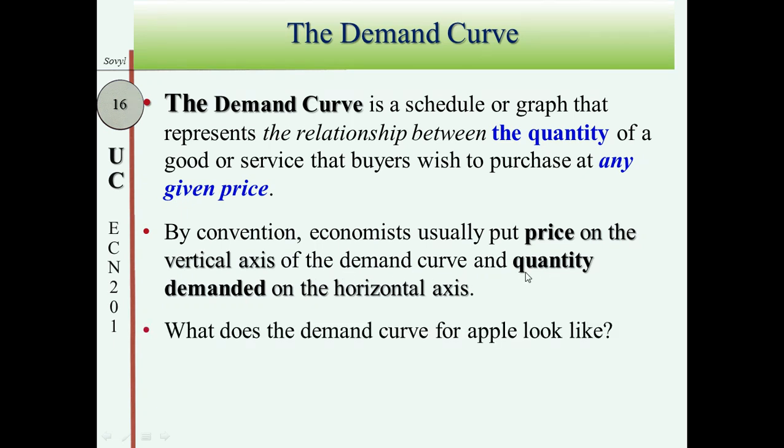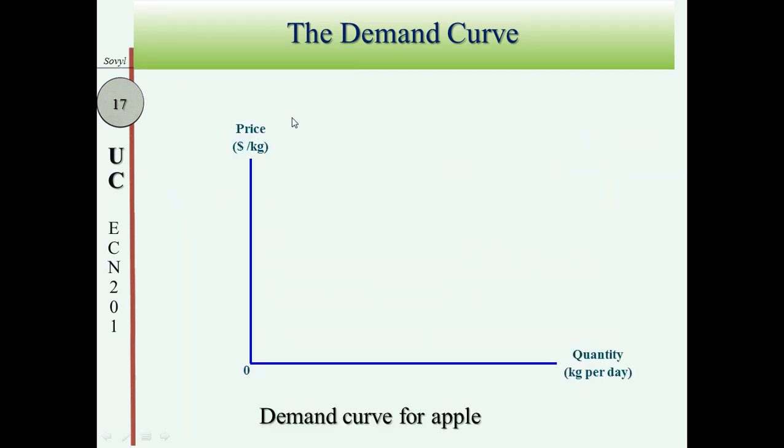Okay. What does the demand curve for Apple look like? So economists put p on vertical. This is vertical. In appendix chapter 1, this is OY, this is OX. But in this chapter, we don't have X, we don't have Y, because we're talking about the market.